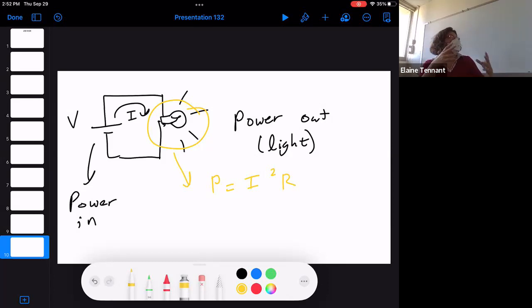And so that's why a lot of times you think about the power going through the resistor in terms of the current going through the resistor, because the current is where the energy is being exchanged.